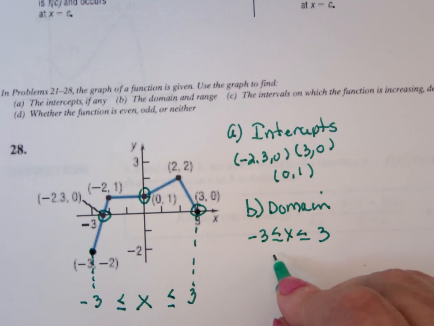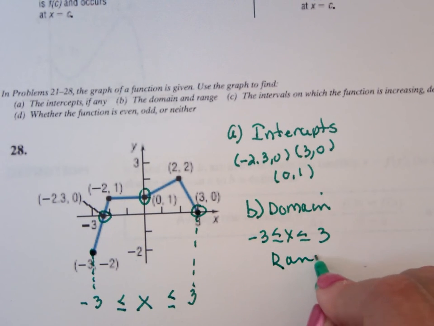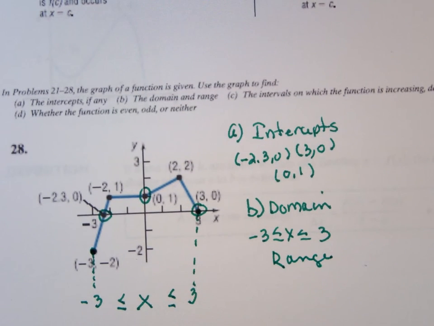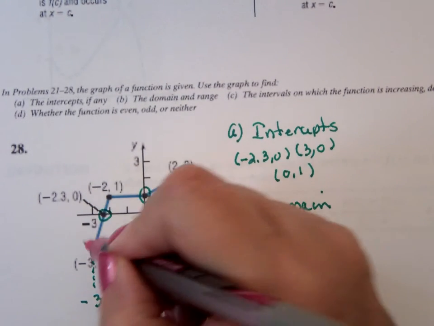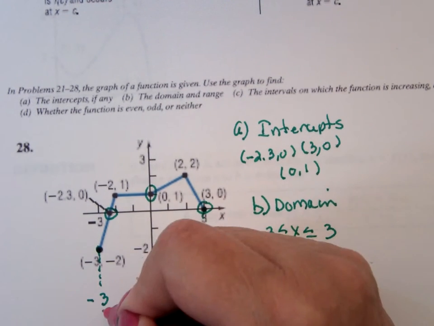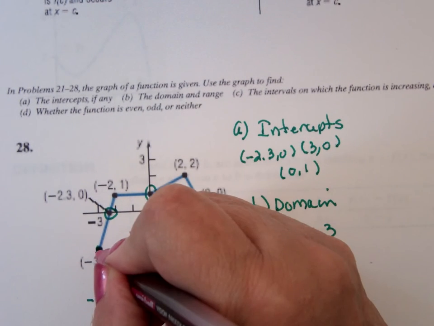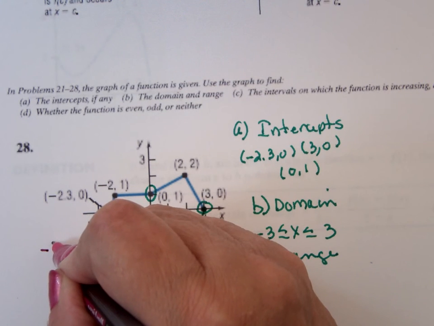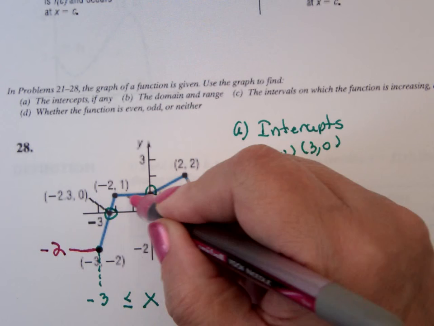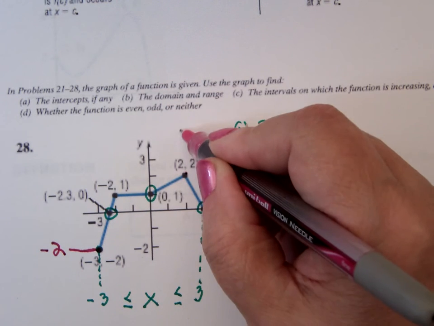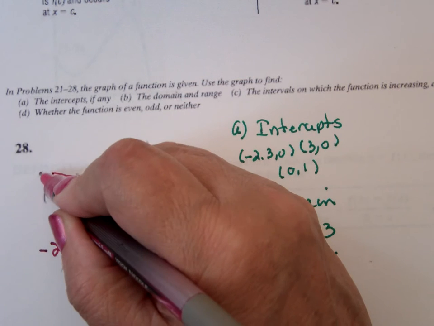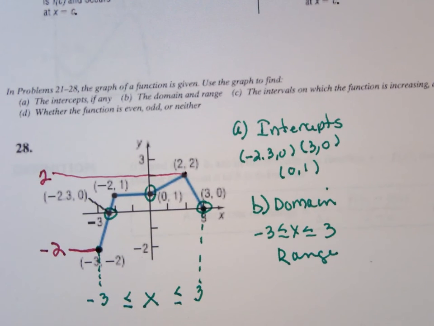And then it wants the range. And the range is the y value. I notice that if I'm coming up the y-axis, it seems to start at y equal negative 2. And if I follow the graph, it doesn't seem to be anything above y equal 2. So I'll put my graph in a box.